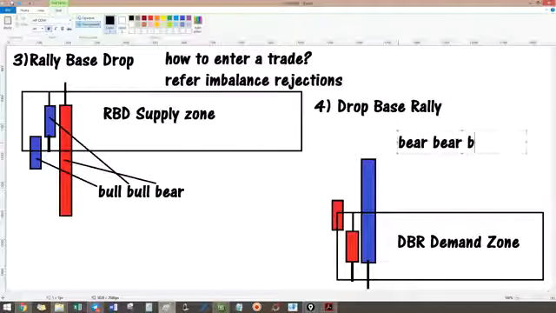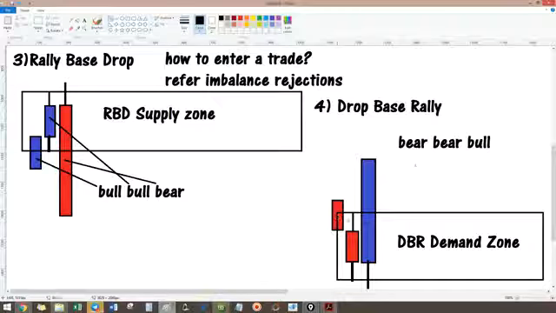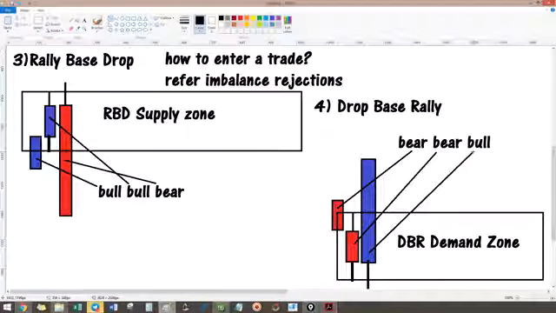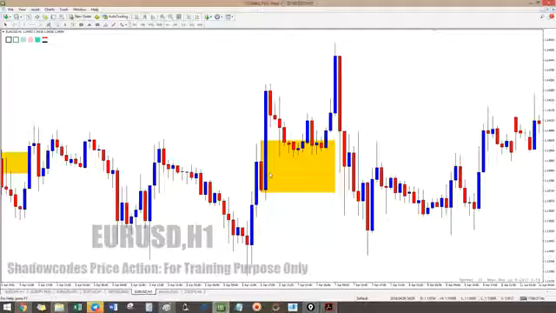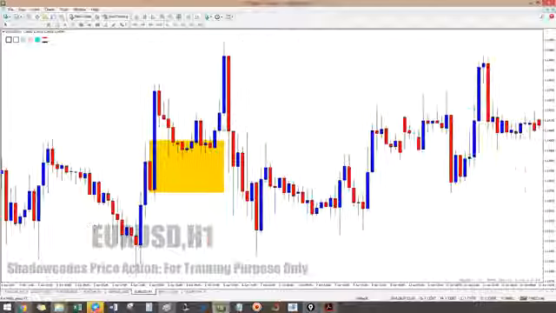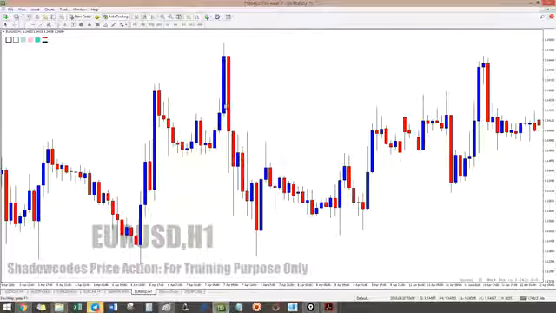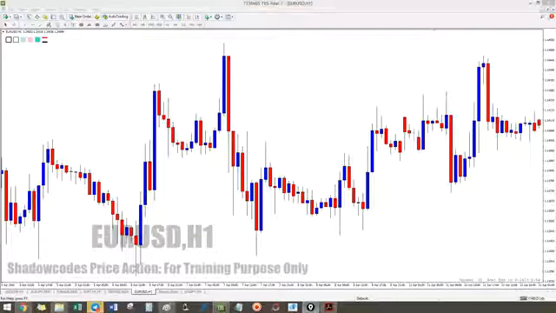Bear, bull. Okay. Bear, and bull. Okay. So let's find it in the chart. Okay, look. This is bear, bull. Let me use this tool.